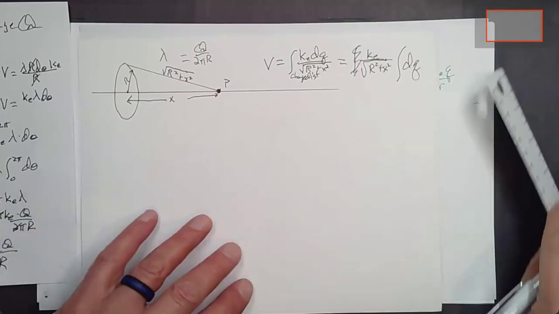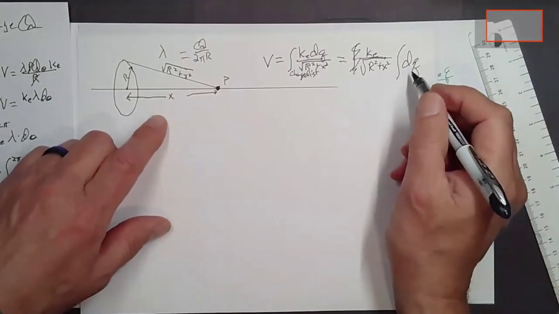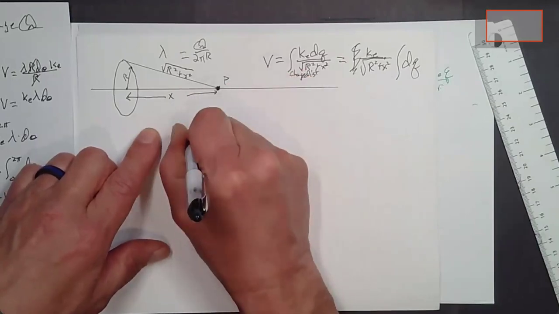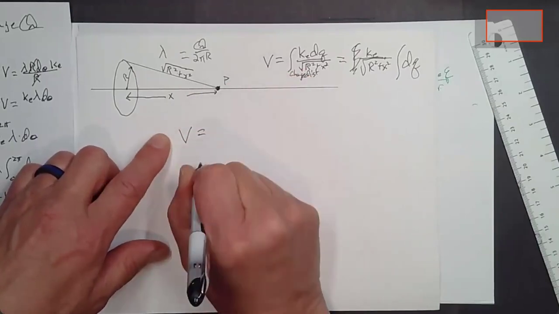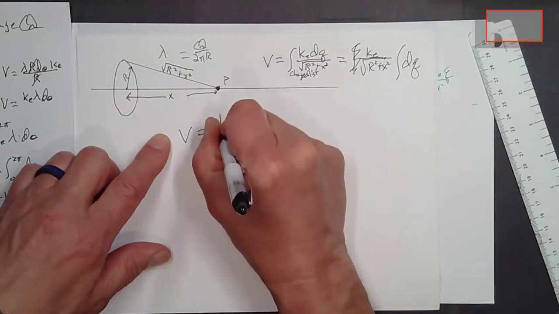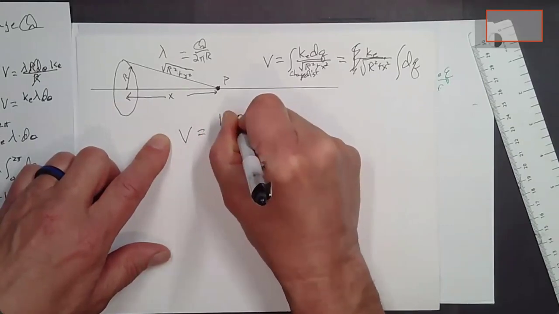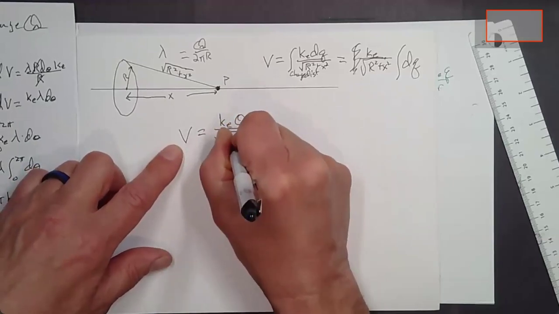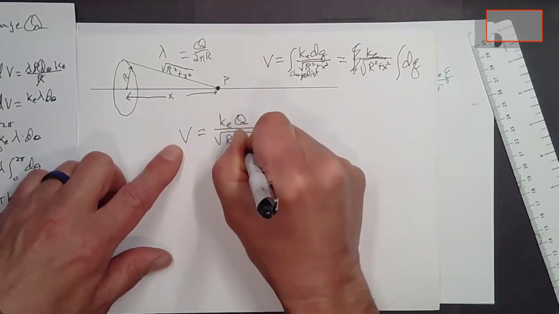And so I end up with, in this case, the potential out here at a point P is going to be k sub e capital Q divided by the square root of r squared plus x squared.